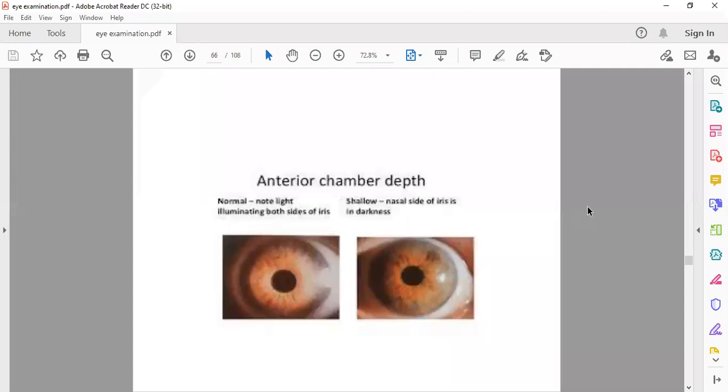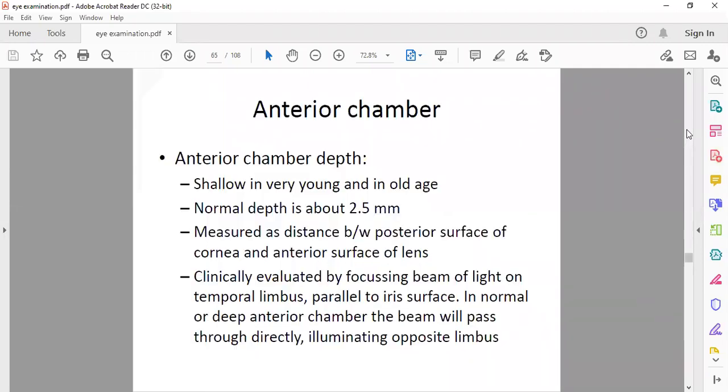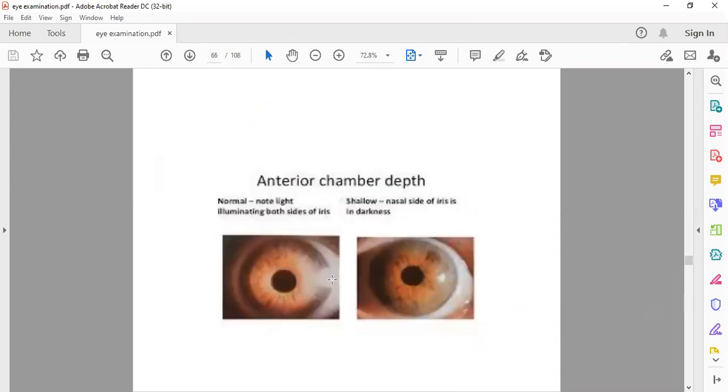So you shine a light here, parallel to the iris surface. In a normal or deep anterior chamber, the beam will pass through directly, illuminating the opposite limbus. Now see here, normally light हमने यहाँ डाला है, and the nasal part of the limbus is also illuminated. Can you see the brightness here?